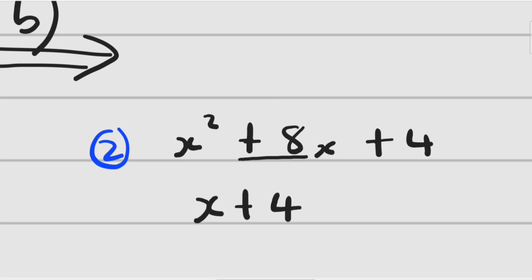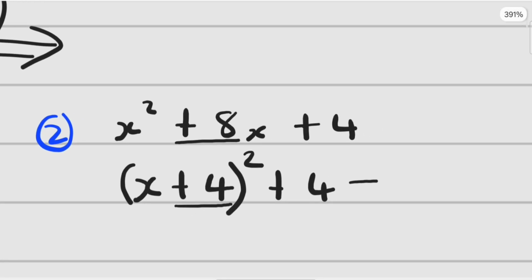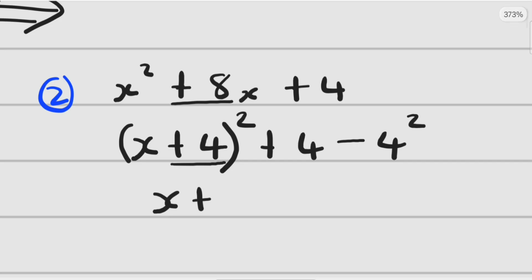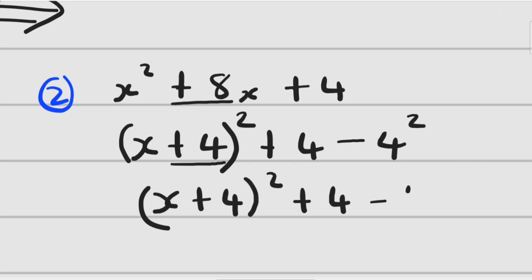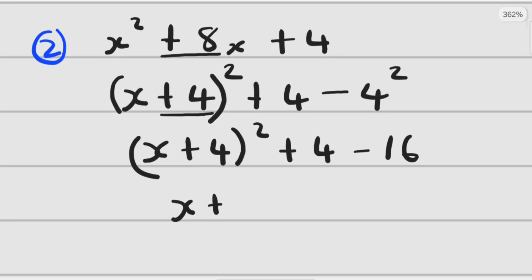So that would be x plus 4 in brackets, then we square, plus this 4, then we subtract this squared, so we subtract 4 squared. So this will be x plus 4 squared plus 4 minus 16, and this will give us x plus 4 squared minus 12.